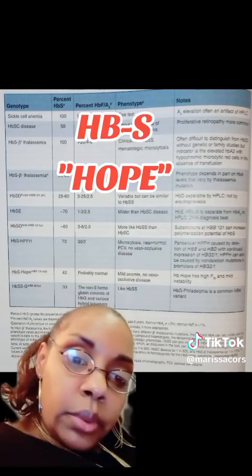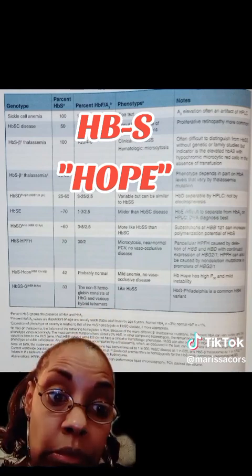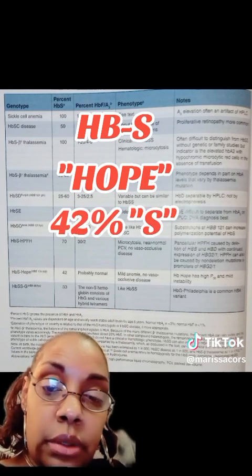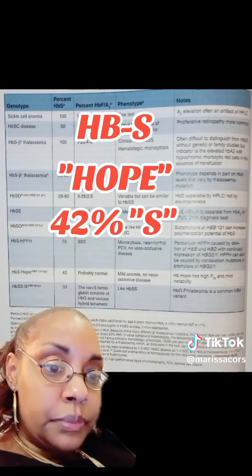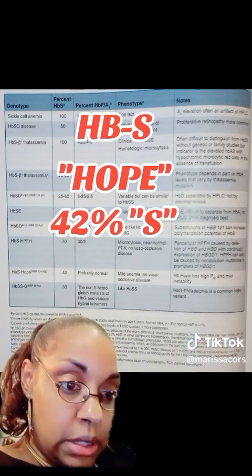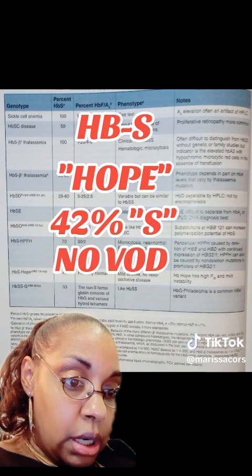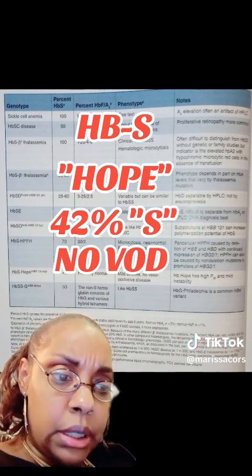Next, we have HbS Hope. It has 42% of hemoglobin S, mild anemia, no vaso-occlusive disease. It has a mild instability.